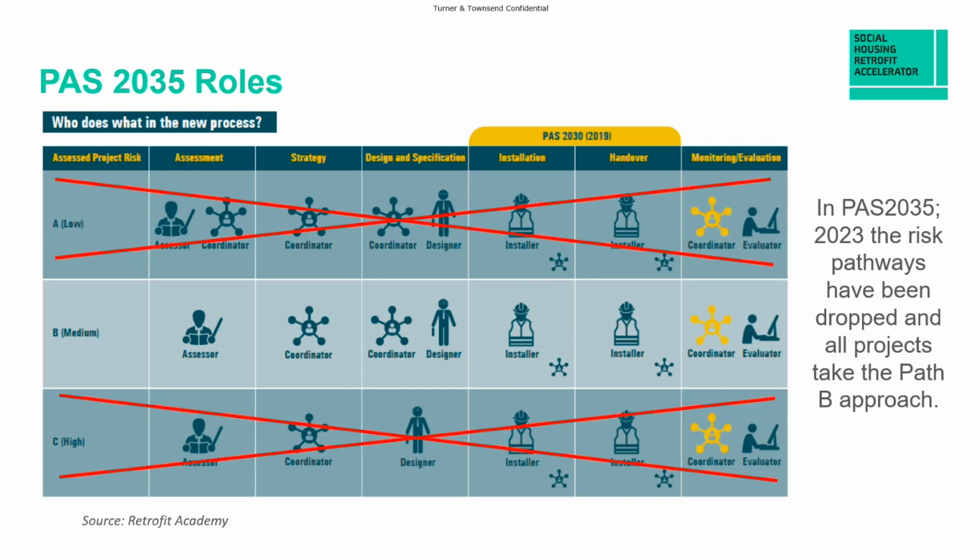Risk pathway A, and different people could do different roles compared to risk pathway A and risk pathway C. In the new PAS, the risk pathways have been simplified, so there is only going to be a risk pathway B. There are still other risks to take on board, but I think we can look at that in a little bit more detail as we move through here.